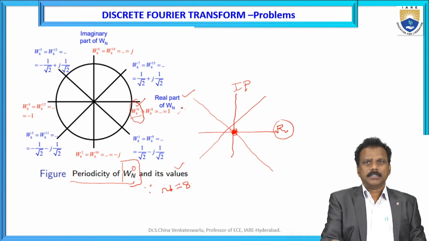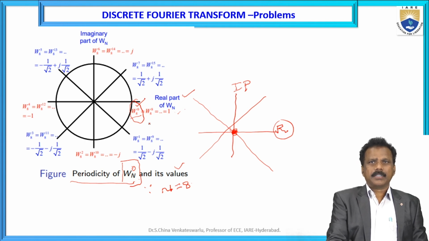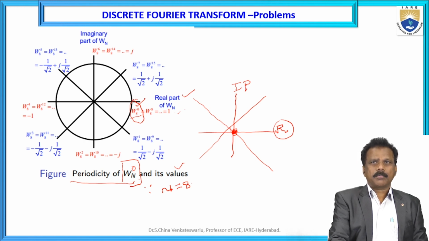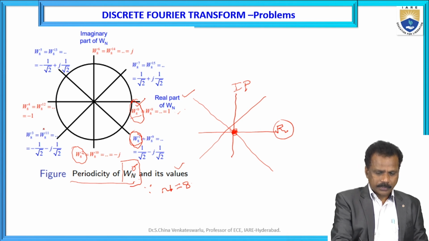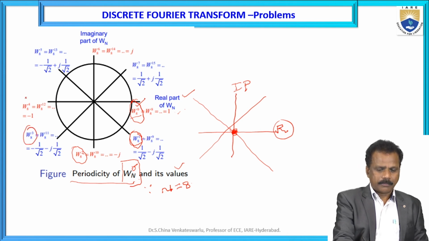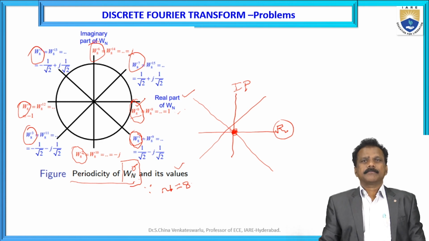So here, this point is W8^0, the next one in this direction is W8^1, and W8^2. The kn values are 0, 1, 2, 3, 4, 5, 6, 7, like this.